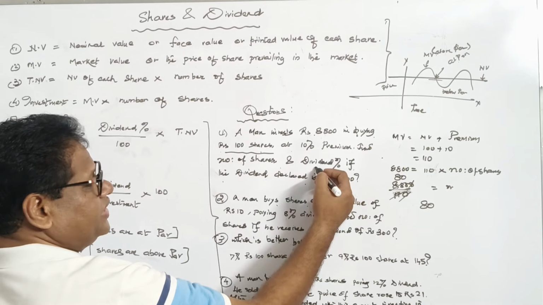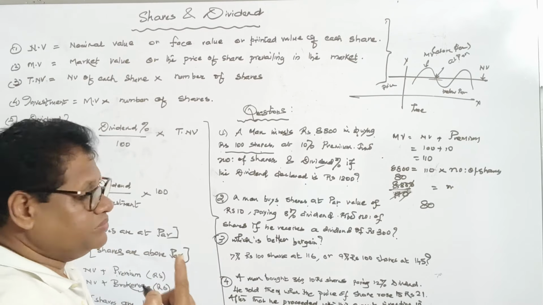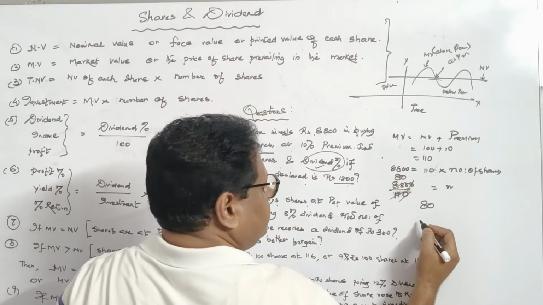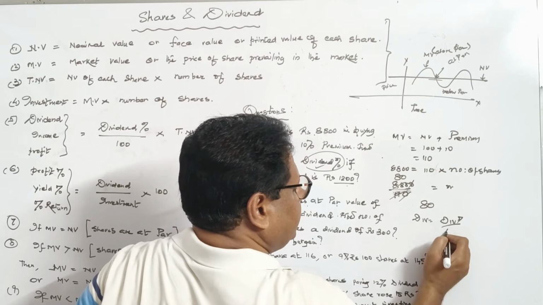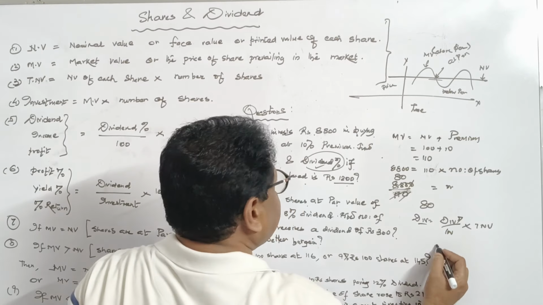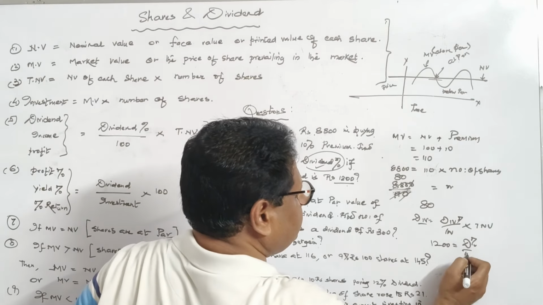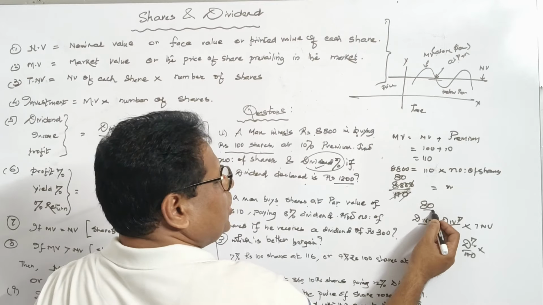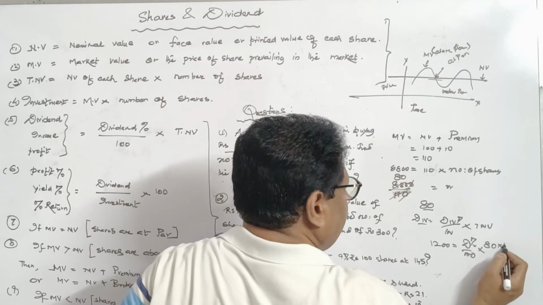Now you have to find the dividend percent. Dividend percent means the company gives dividend at the end of every year. So that percentage you have to find out. Since the dividend is given, let's apply the formula dividend equals dividend percent by 100 into TNB. Here dividend is given 1200. Dividend percent you have to find out, and the TNB, total nominal value, that is number of shares you got, 80, nominal value is 100, so this is 80 into 100.